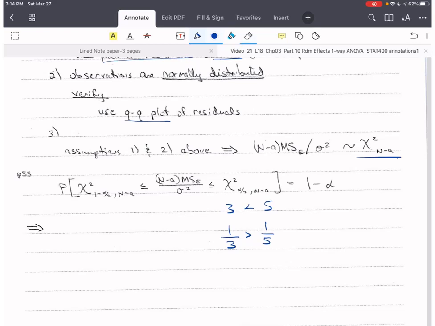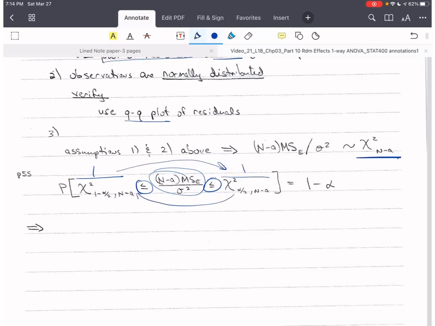So when I invert these or take the reciprocal of these, I have to switch the signs here. And I'm going to reorder them because when I take 1 over this, that's going to be bigger, not smaller, than this quantity. So I'm going to move it over to here, and then I'm going to take this and move it over there. So I'm going to switch the order so that I keep them in ascending order.